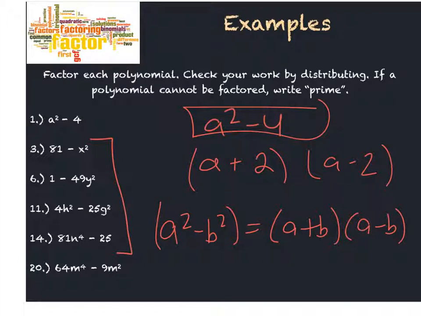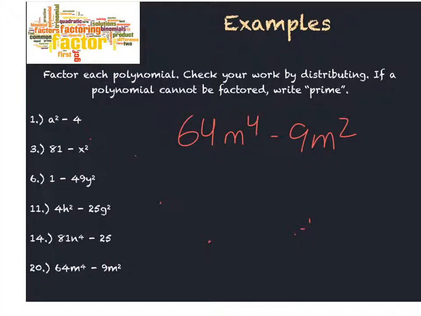All right, let's go ahead and do number 20. I want to change one thing on this. It says m to the 4th, but actually it should be n to the 4th. Because if not, we would have to take a greatest common factor out first. Now this is a difference of squares, because we have a subtraction sign here, so you just take the square roots. The square root of 64 is 8.